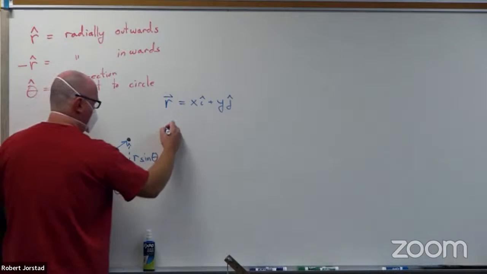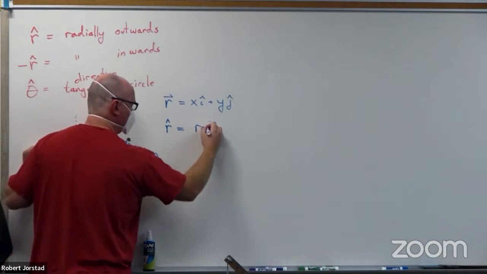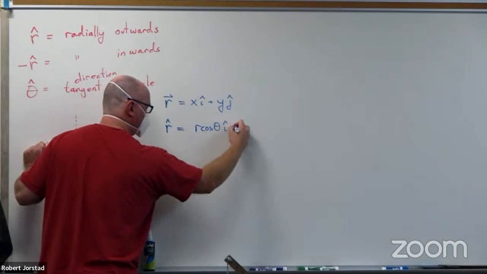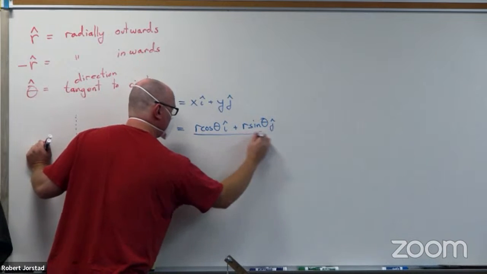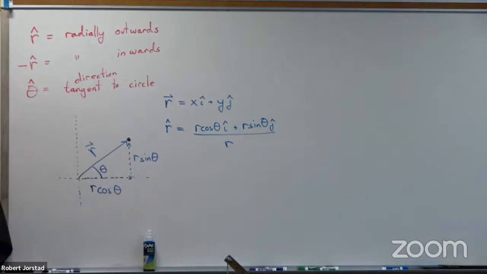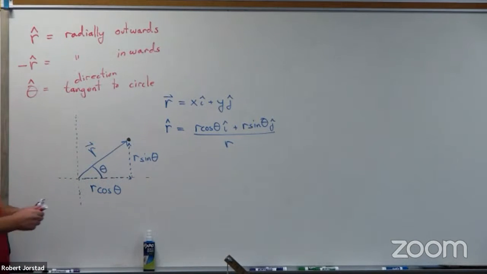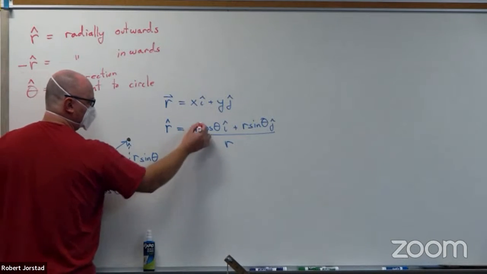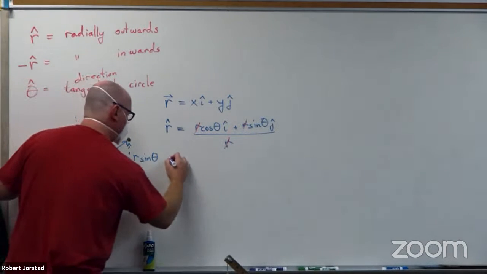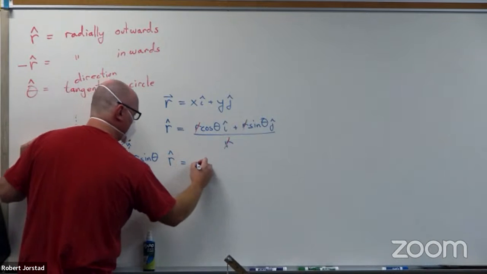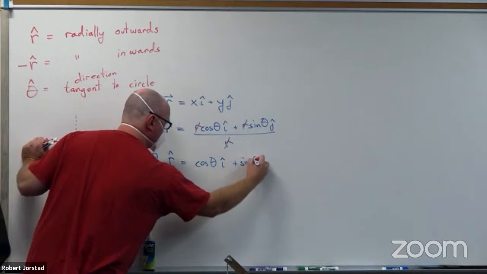Notice that r hat is equal to the r vector, which is the x plus the y, divided by the magnitude. What drops out? So notice r hat is equal to cosine theta in the i hat plus sine theta in the j hat.